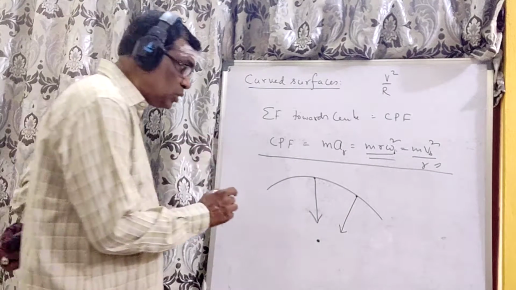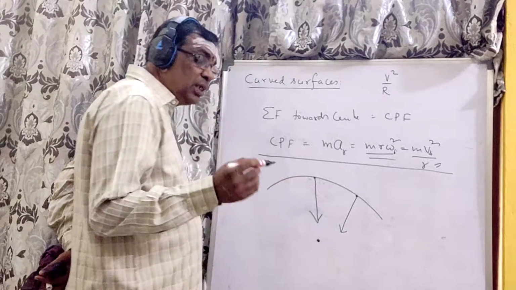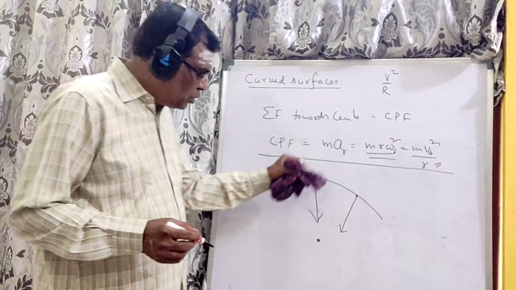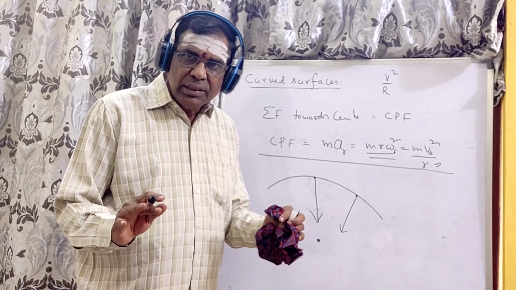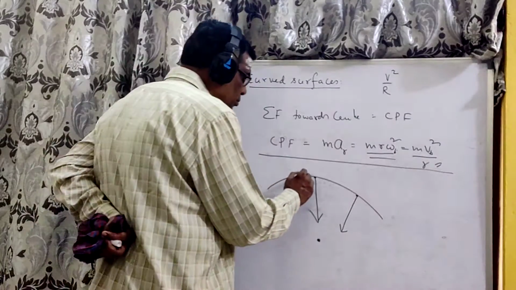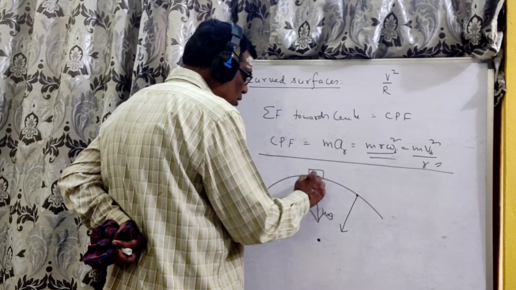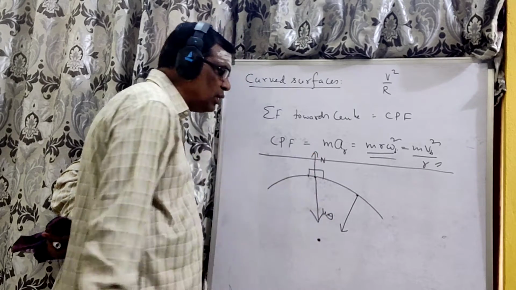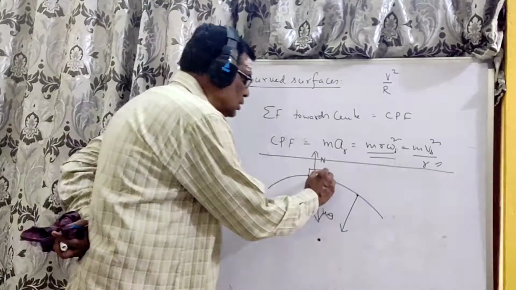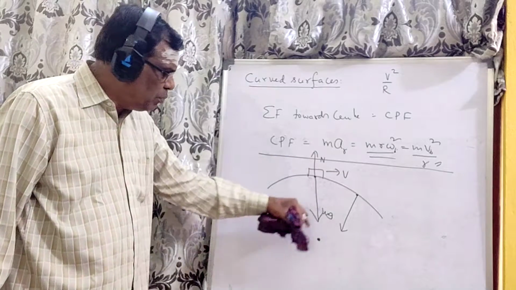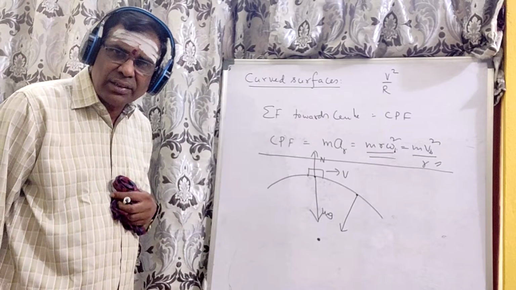Even here also, supposing, don't write CPF here. All forces you plot and then say, for example, I am having this on this. So this is mg, this is N, this is moving with certain velocity v. What is the centripetal force here? What will be your answer?